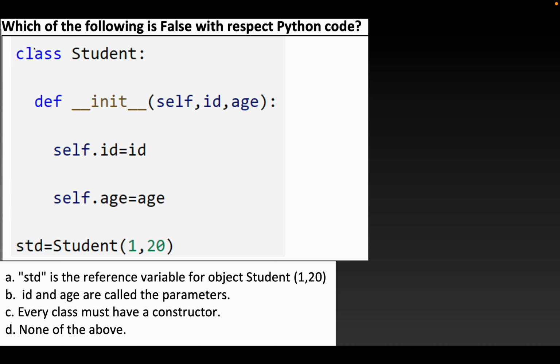Third, it says that every class must have a constructor. It is not compulsory that every class should mention a constructor, so this option is false. So the option C is the false one, and the answer for this Python code is option C.